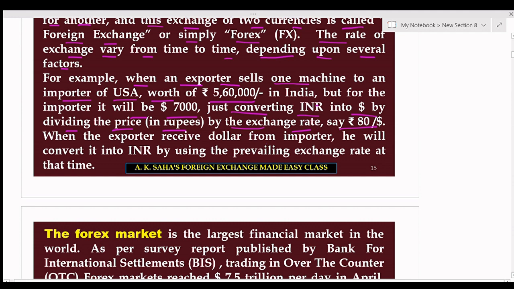Here, rupees is called fundamental currency, and dollar is called invoice currency or transaction currency. When the exporter receives dollar from the importer, he will convert it into INR by using the prevailing exchange rate at that time.